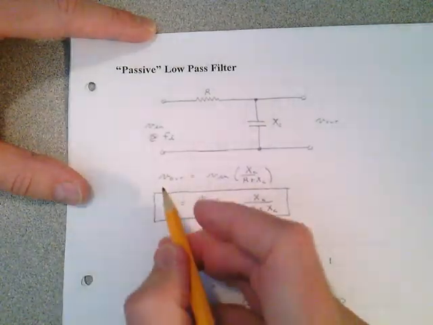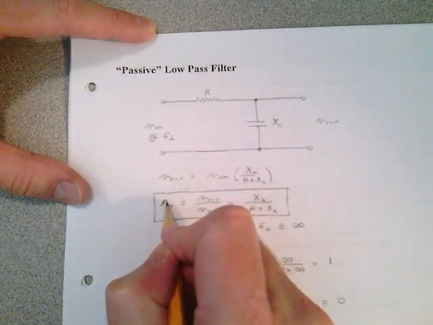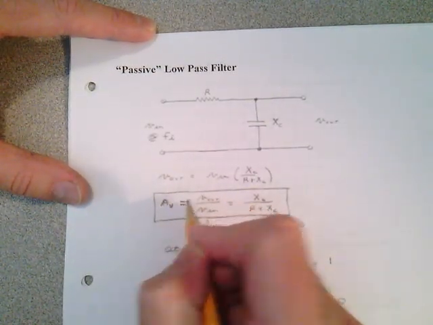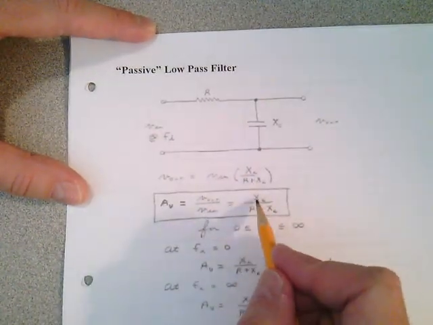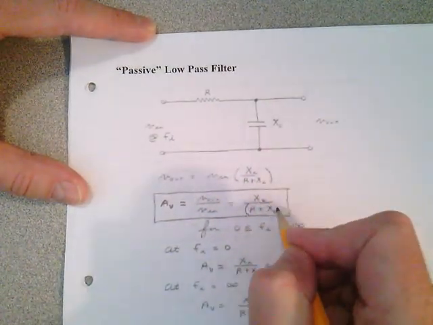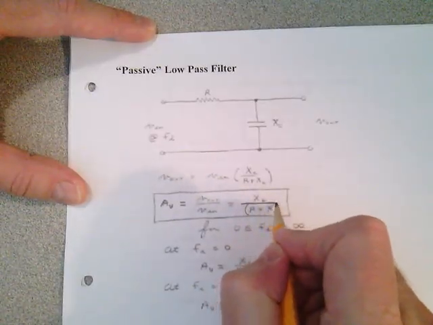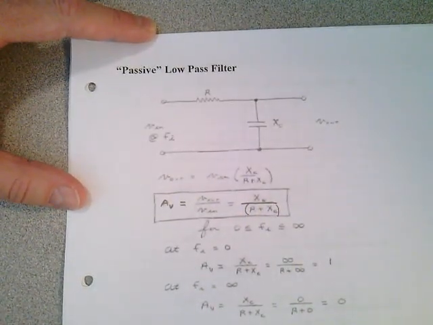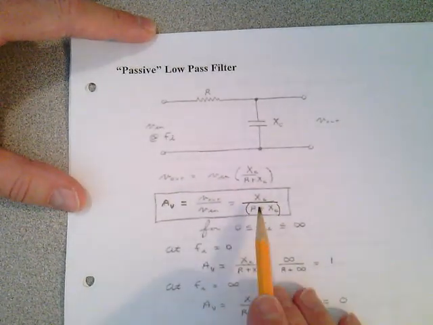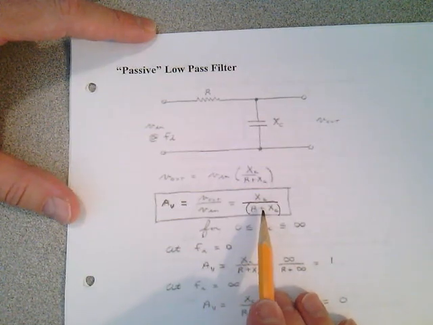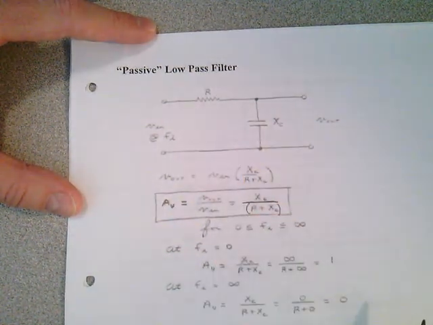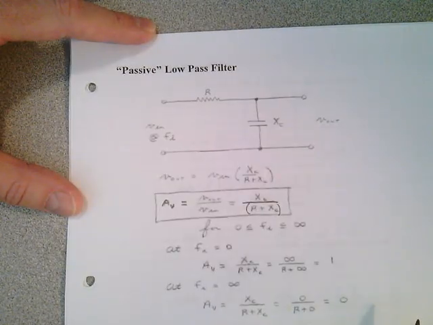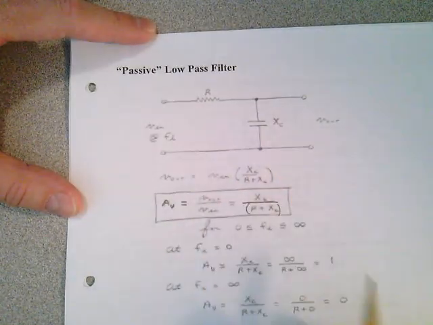The voltage gain of this circuit, A sub V, is simply equal to V out over V in, which is equal to X sub C over the quantity R plus X sub C. I hope you can see what that's telling you. That's the transfer function of that circuit. It's the voltage gain of that circuit.